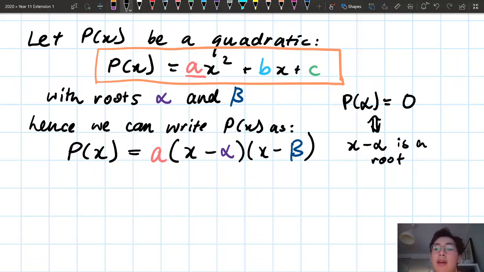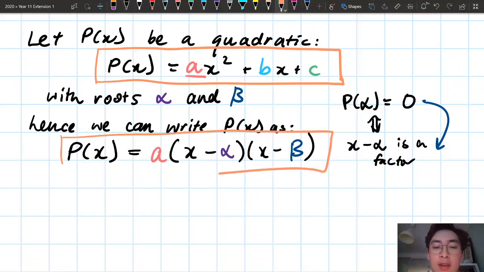So we're using the fact that alpha is a zero, which is what we have up the top here, and we're using that to establish the fact that x minus alpha is a factor. Now we know that alpha and beta give the two factors, so I can write my polynomial as these two factors, x minus alpha and x minus beta.